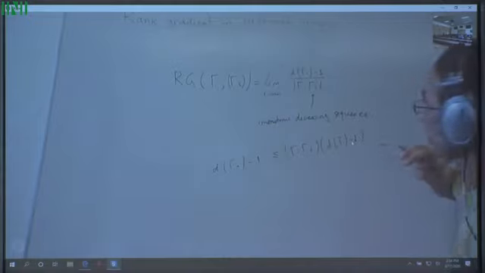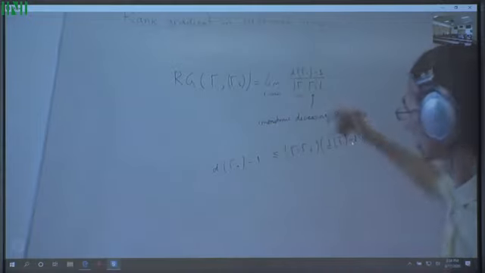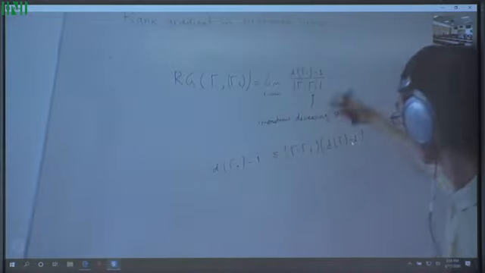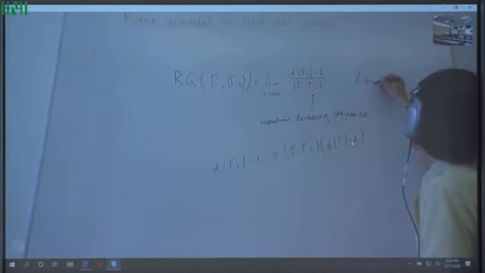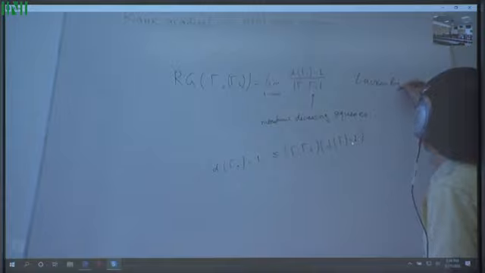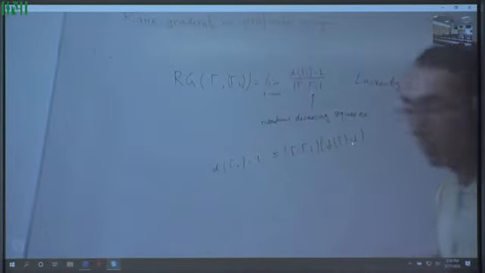So this I first found in my own career in the work of Mark Lackenby. Lackenby studied this in connection with three-manifold groups.